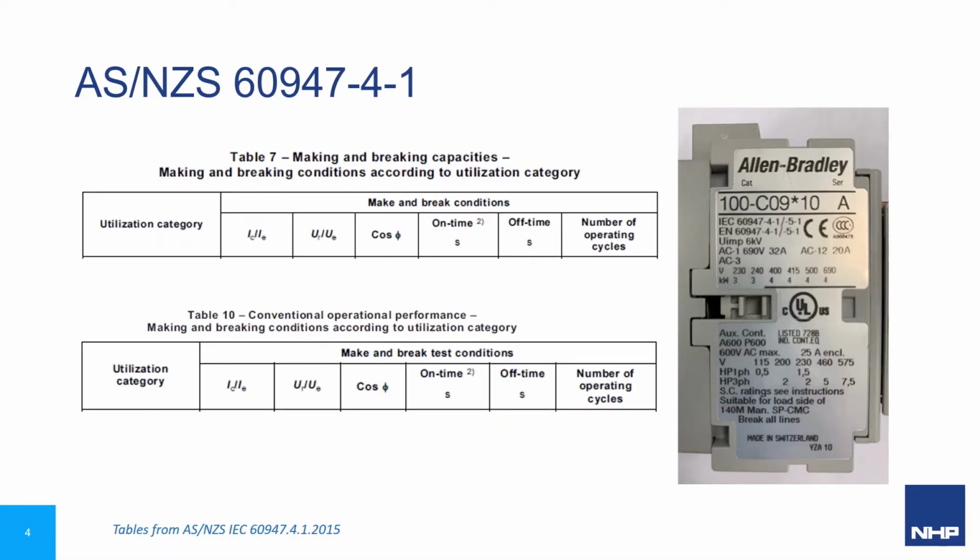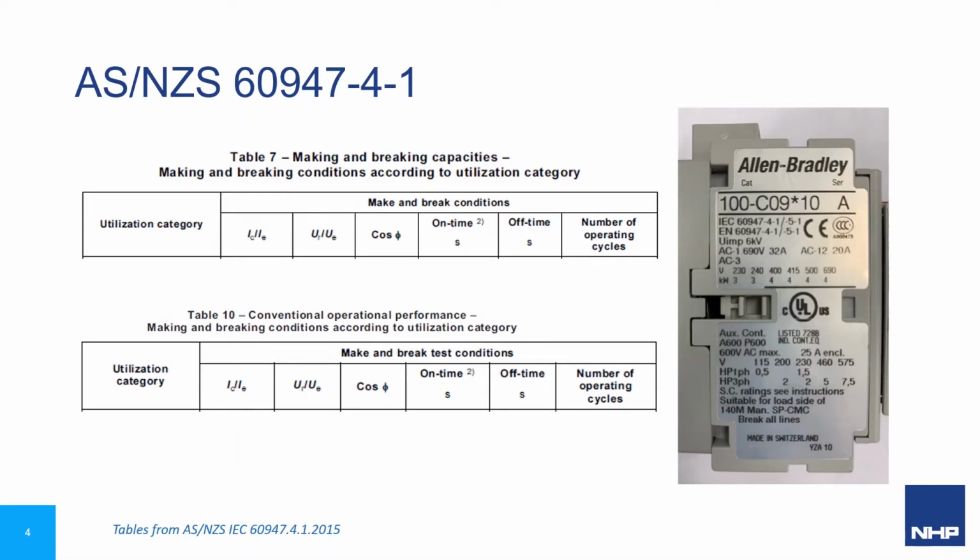The testing currents for making and breaking capacities of each utilisation category are listed in Table 7 and Table 10 for conventional operation performance. The testing emulates the different current profiles for the different load types during making and breaking operations.